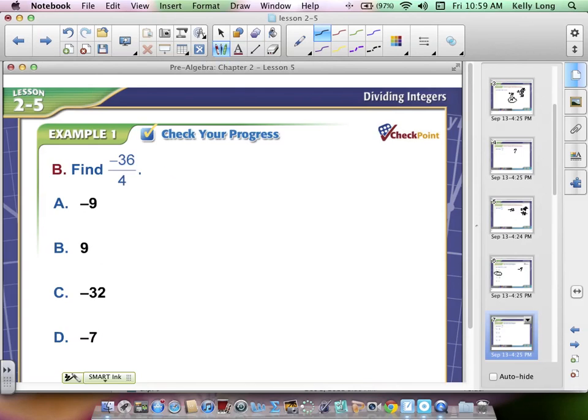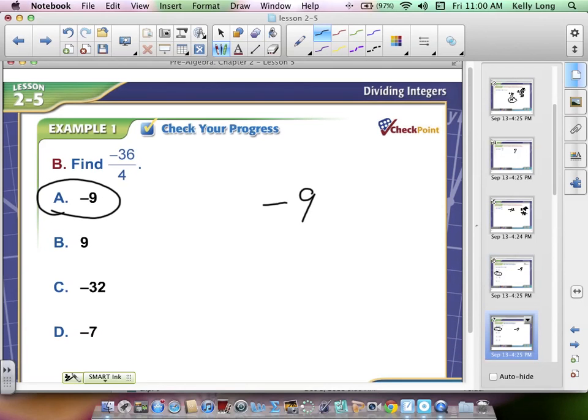You do this one. Negative 36 over 4. Pause the video, do it, and then come back and check your work. Okay, unlike signs, so my answer is going to be negative, and then 36 divided by 4 is 9. So my answer is negative 9.